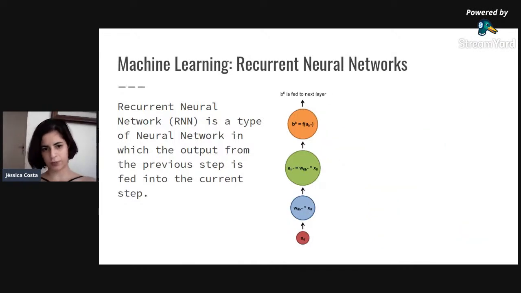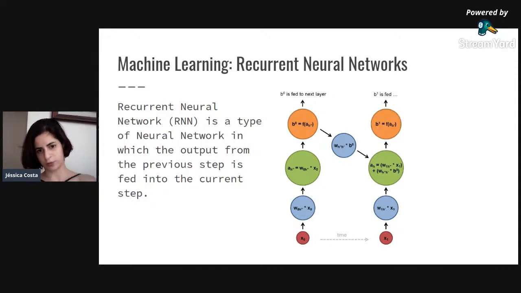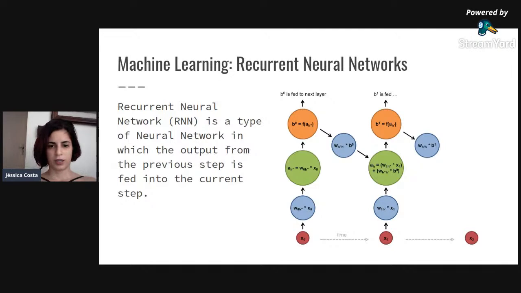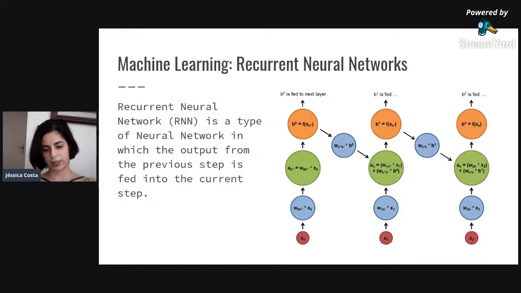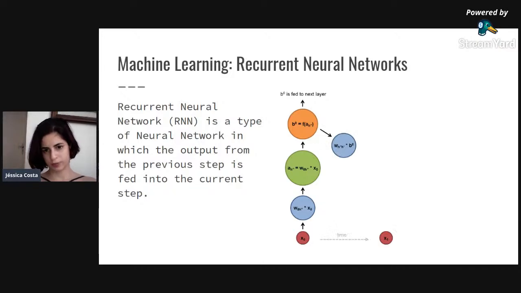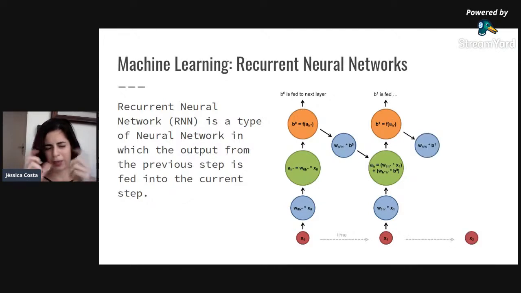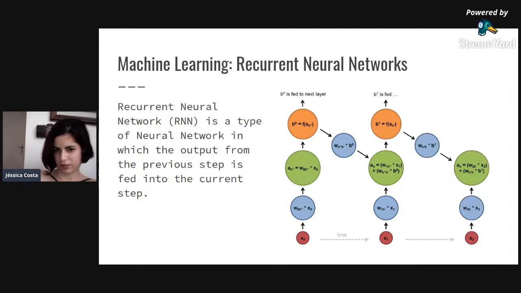In this figure, we have a representation of a recurrent neural network. You can realize that the next neuron uses the previous result. Memory of the past.